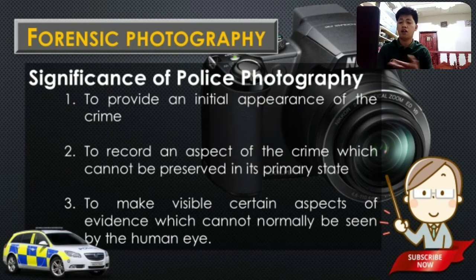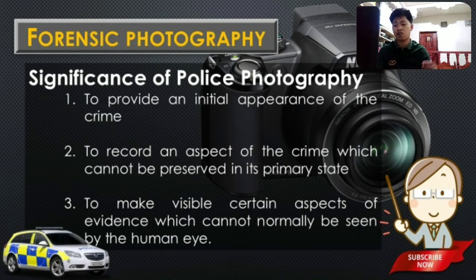Then you can release the crime scene immediately without worrying that some details might not have been properly recorded. You don't need to worry about that as long as you have the aid of photography, or police photography.